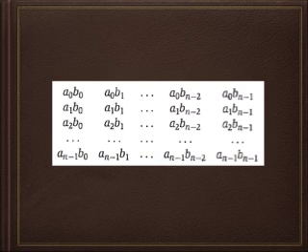For the second row, the first term is a1 b0, the second term is a1 b1, and so on until a1 bn minus 2 and a1 bn minus 1, and so on. Then we compute the coordinates of the convolution vector by summing along the diagonals.